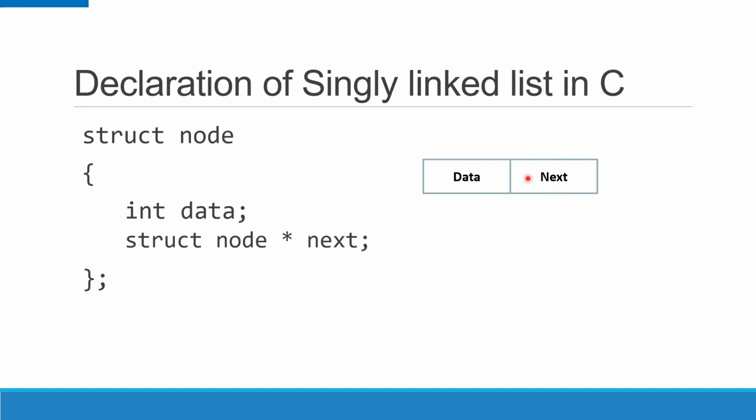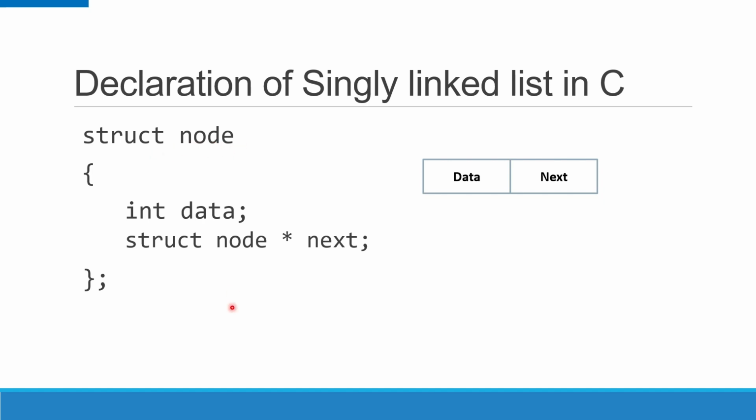To club different data types, I'm going to use a concept called structure. So I'm creating a structure for my node. Here struct is the keyword for structure and node is the name I have given for my structure.